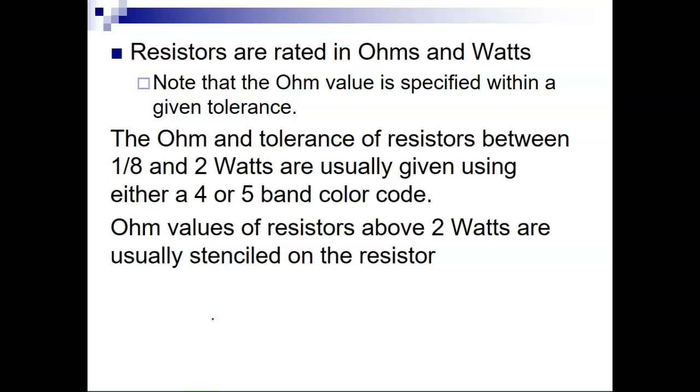The ohm and tolerance of resistors between 1/8 and 2 watts are given using either a 4 or 5 band color code, which we've gone over. The ohm values of resistors above 2 watts are usually stenciled onto the resistor, because a 2-watt resistor is fairly sizable.